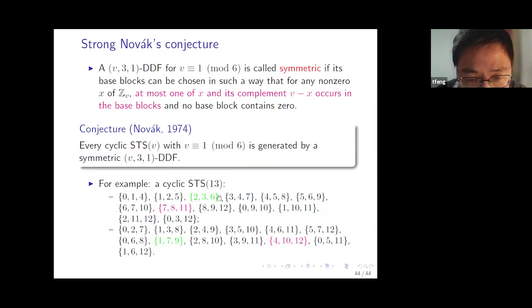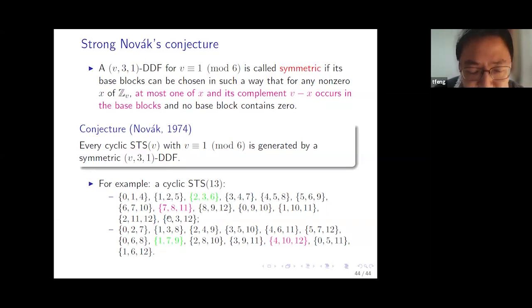For example, these two green ones, 2, 3, 6, and 1, 7, 9, are disjoint, but for the number 6, when we see its negative, negative 6 is 7. So minus 6 equals 7, so it's not good.